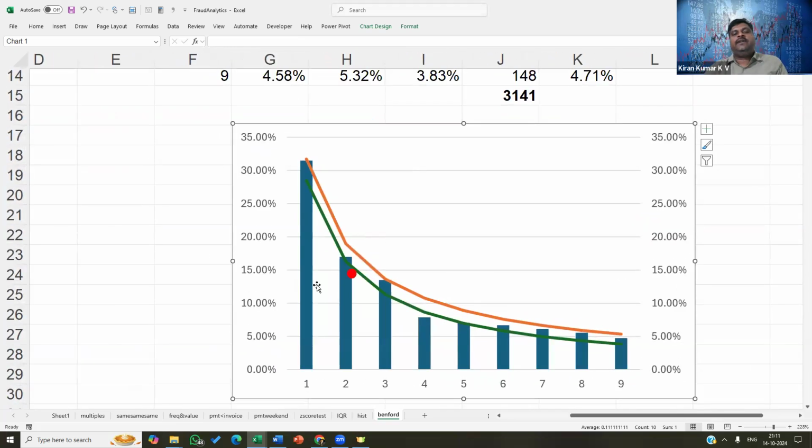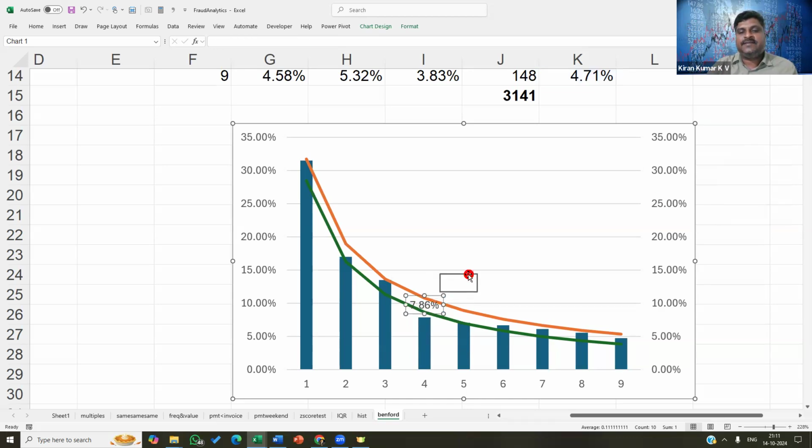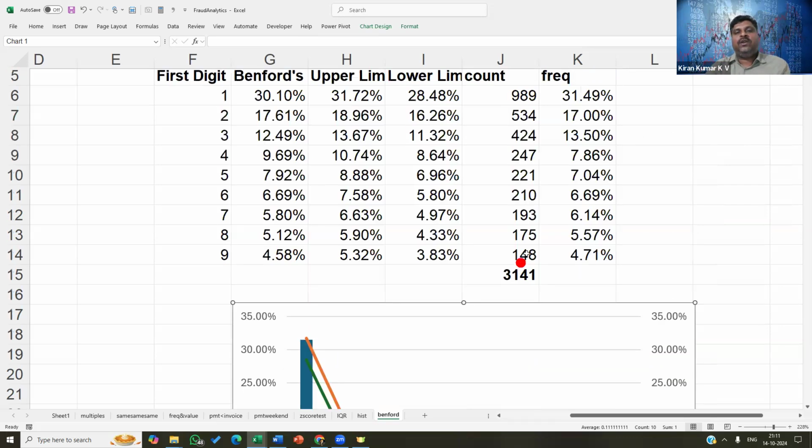I'll tell you what we are trying to detect. What I'm trying to see here is that the peak of all these columns should be between the upper and the lower limit. That means the first digits are as per Benford's suggested probability. For example, the fourth transaction here, the data label is around 7.86 percent, which is below the lower limit.